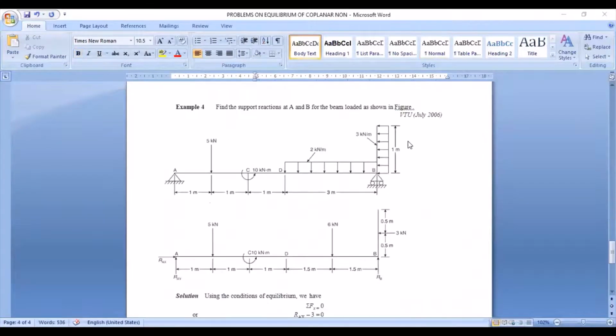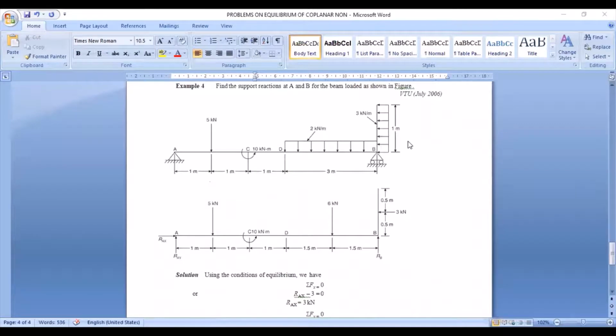Now in this problem, you can find that this is a VTU question paper problem. This is a beam AB, which is subjected to different types of loadings.